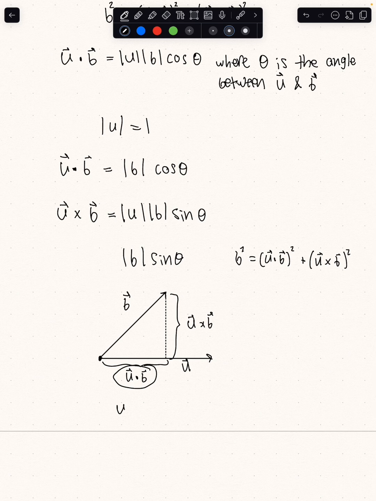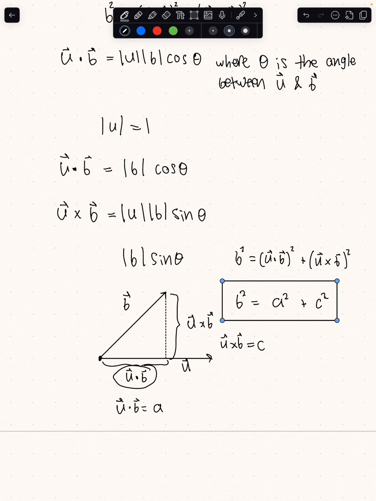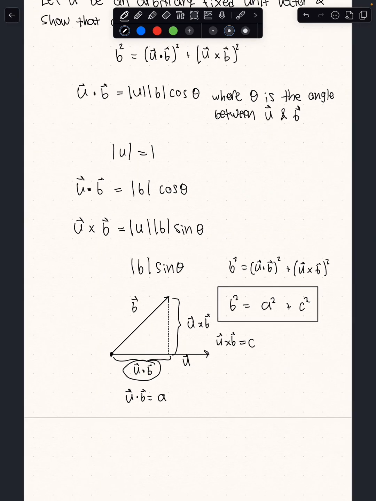If we call U dot B, A, then we have B squared is equal to A squared, and if we say U cross B is equal to, say, C, then we have B squared equals A squared plus C squared, which is just the Pythagorean theorem. Quite an interesting result.